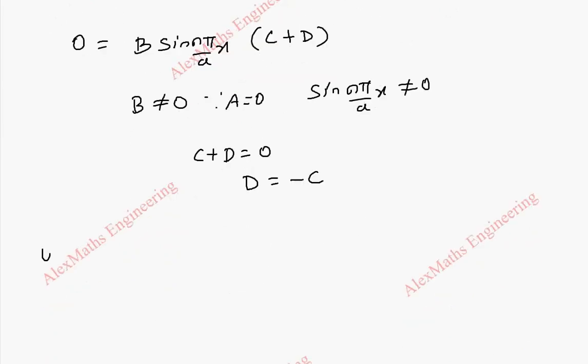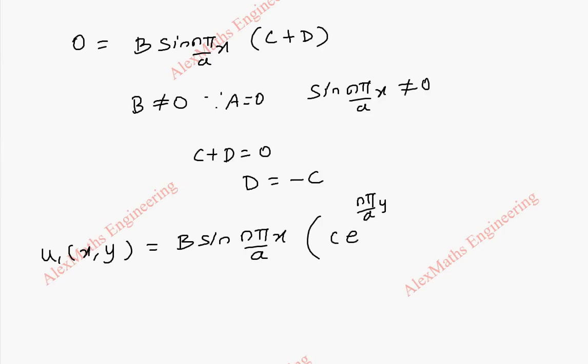From this d is minus c. So we get u1 of (x, y) as b sin(nπ/a)x into c e^(nπy/a) minus c e^(-nπy/a).